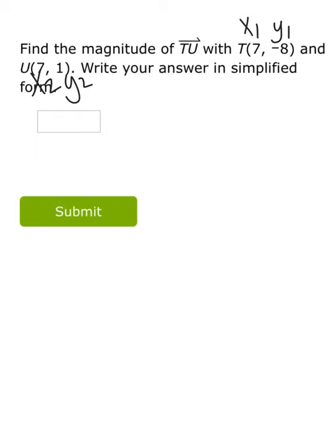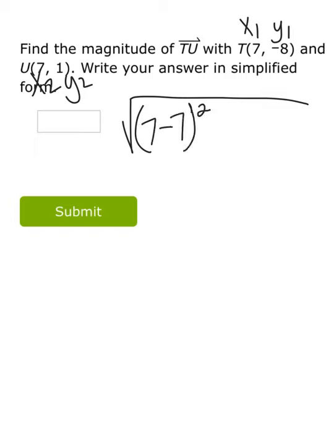So plug it into the distance formula. x2 minus x1 would be 7 minus 7 squared, plus y2 minus y1 would be 1 minus -8 squared.